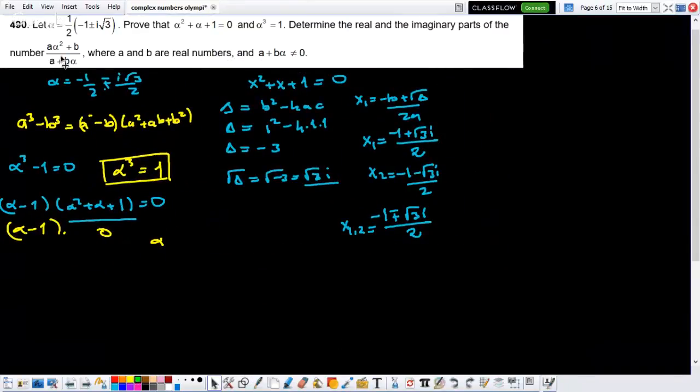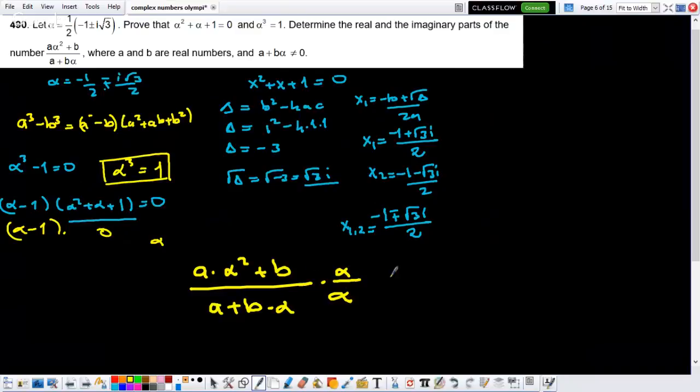Okay, now I'm going to try to determine this number: a times alpha square plus b over a plus b times alpha. I'm going to multiply numerator and denominator by alpha. This is the trick of the question.